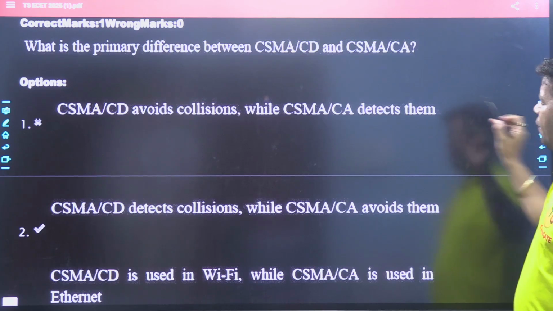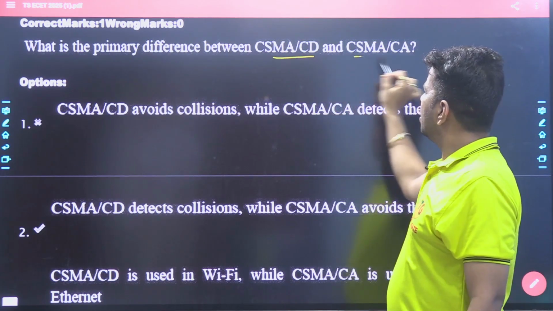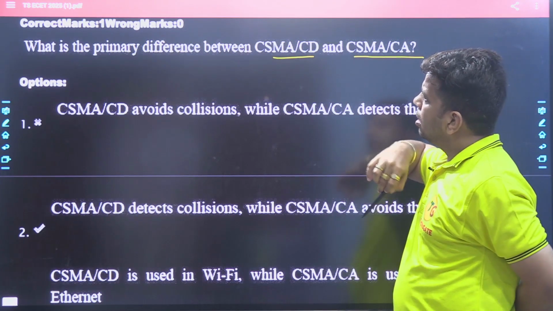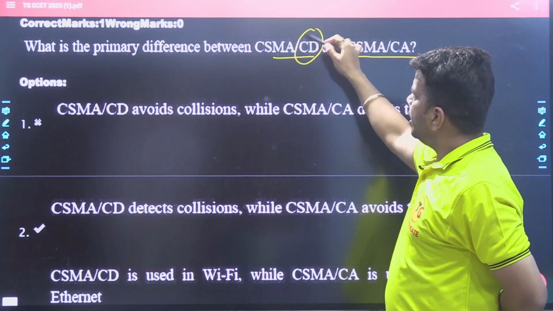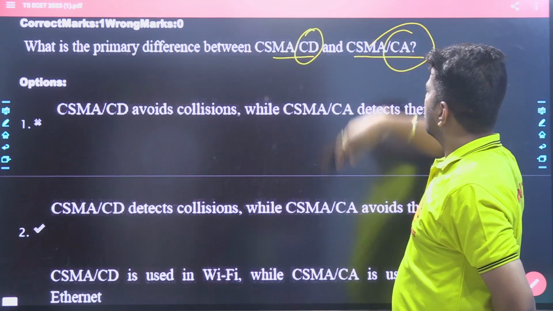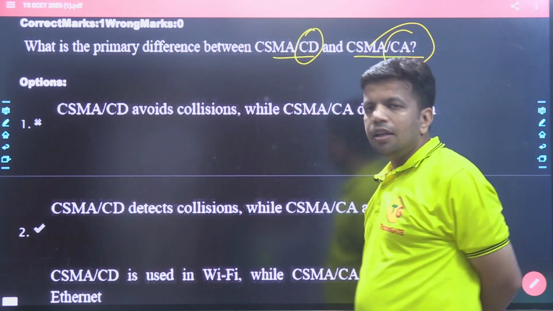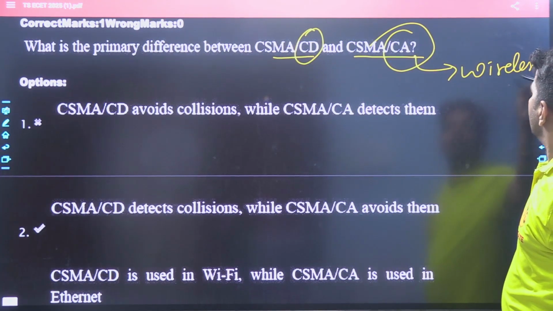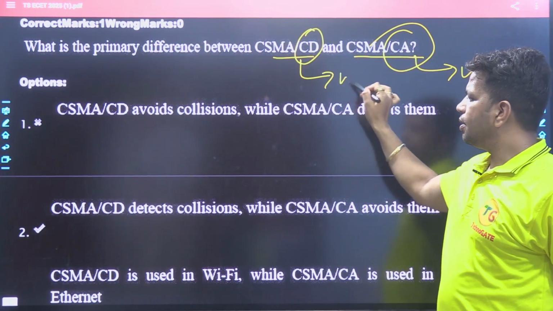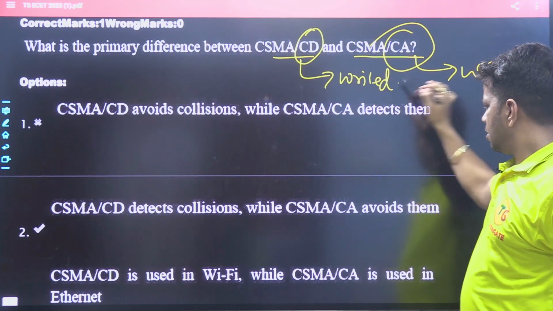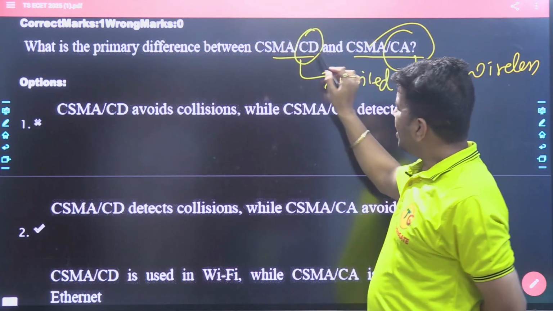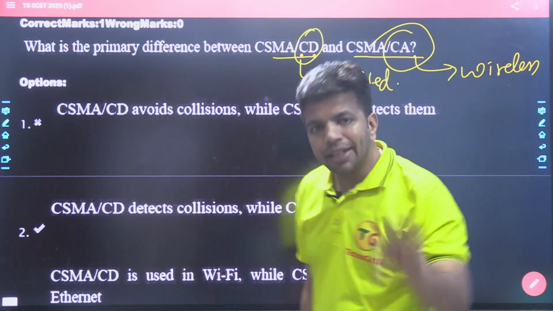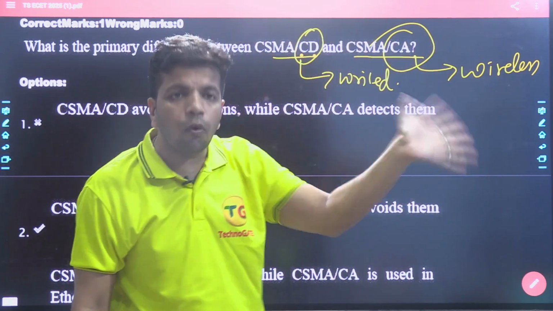What is the primary difference between CSMA/CD and CSMA/CA? CD is collision detection and CA is collision avoidance. CA is used for wireless, CD is used for wired. As the name says, collision detection is going to detect the collision, and CA is going to avoid the collision.